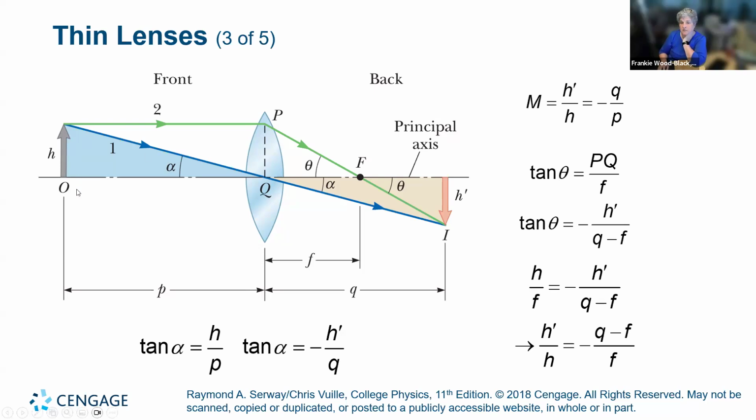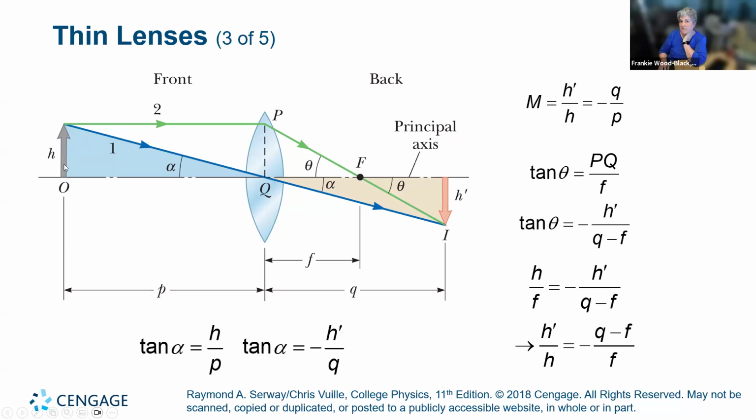Here's my object. I usually am told what the focal point of my lens is, so there's my focal point. I can do these to scale. If this is in centimeters, I'm going to put my object 6 centimeters away from my lens, and use a 3 centimeter focal length. So we're going to say our focal length is 3 centimeters.